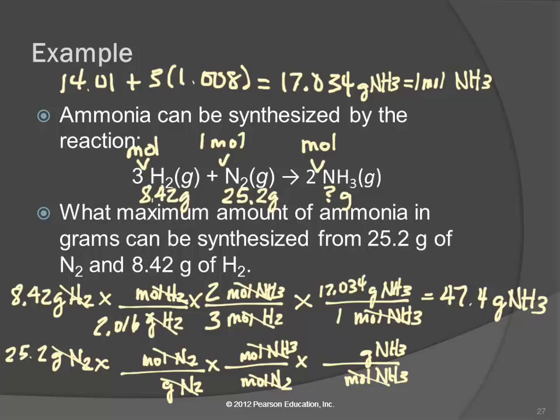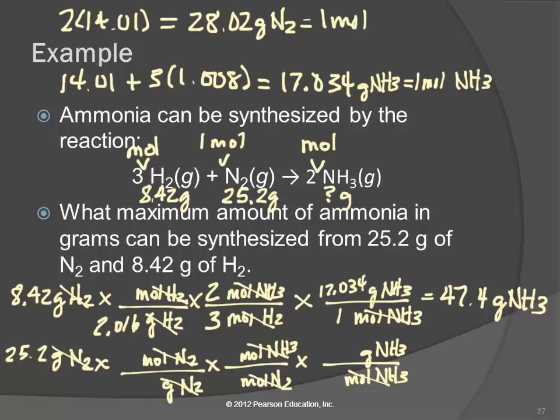So we need the molar mass of nitrogen. Nitrogen is one of those diatomic elements. So it's 2 times 14.01, or 28.02 grams of N2 equals 1 mole of N2. So 28.02.